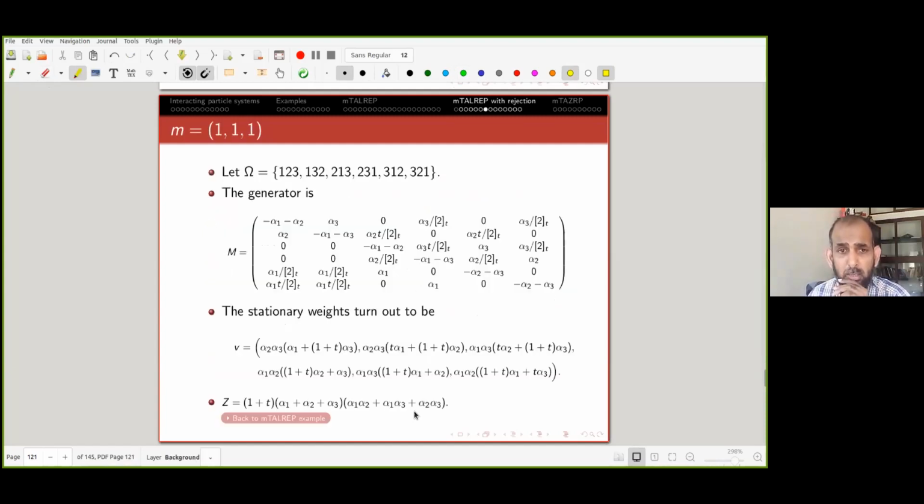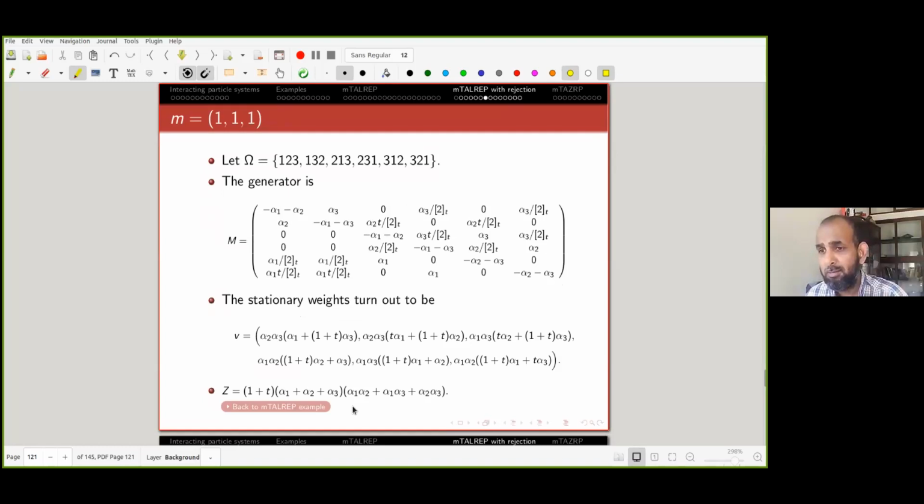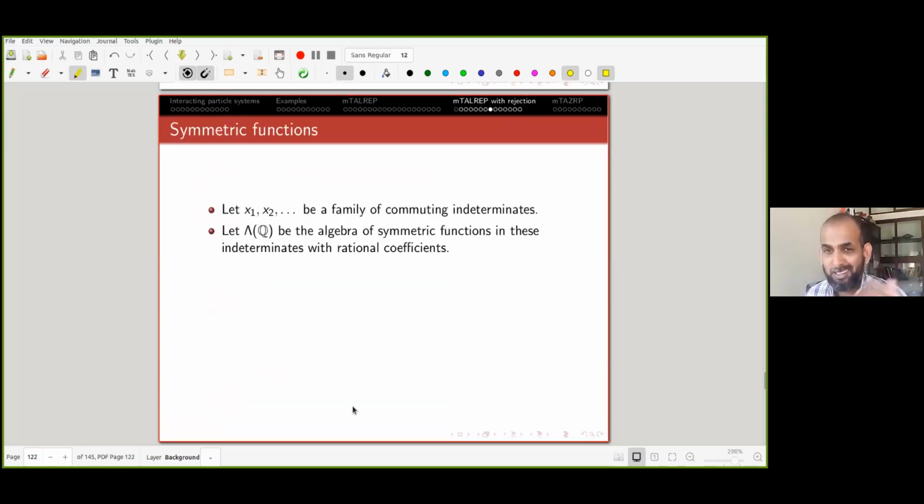So here, for the same model, are the stationary weights. You can see that each weight depends on t. But when you sum all of these, miraculously, the t part comes out. And these elementary symmetric functions were the same. So those of you who were lured by my title and abstract and were waiting to hear Macdonald polynomials, here they come in the last couple of minutes.